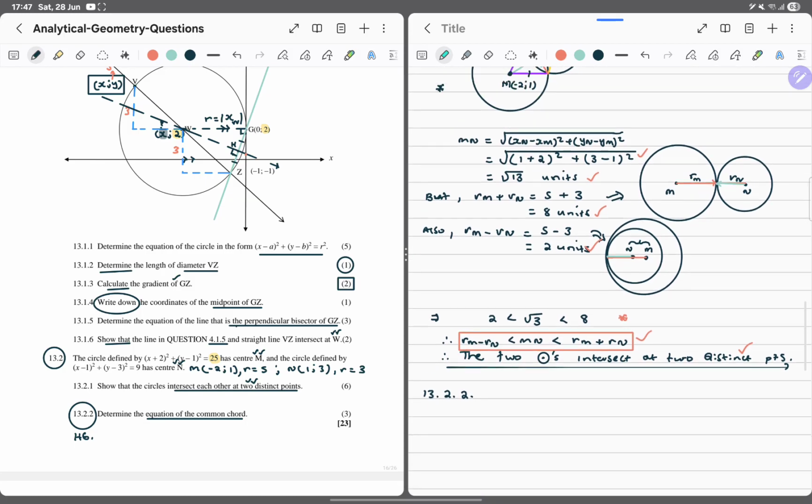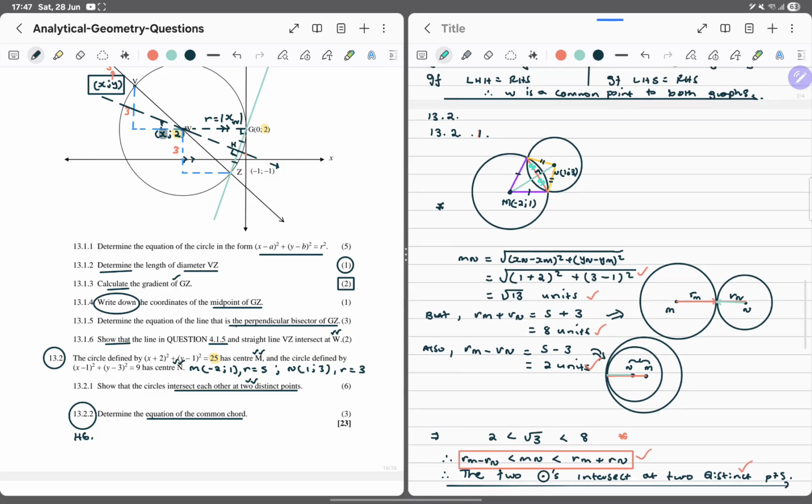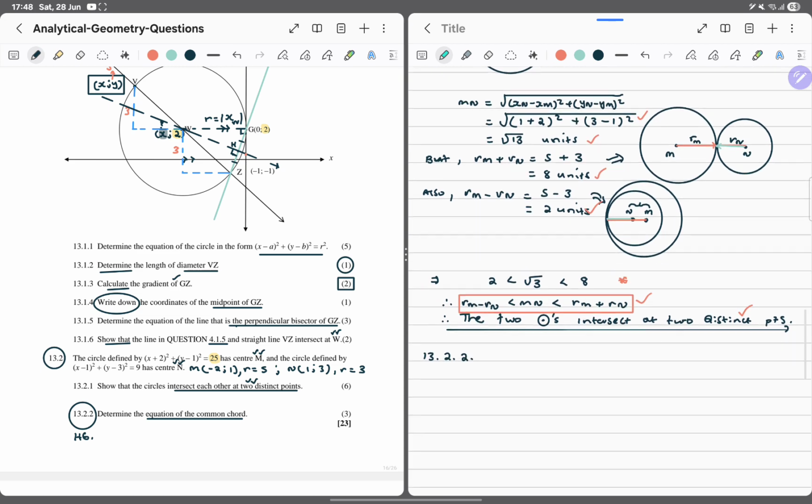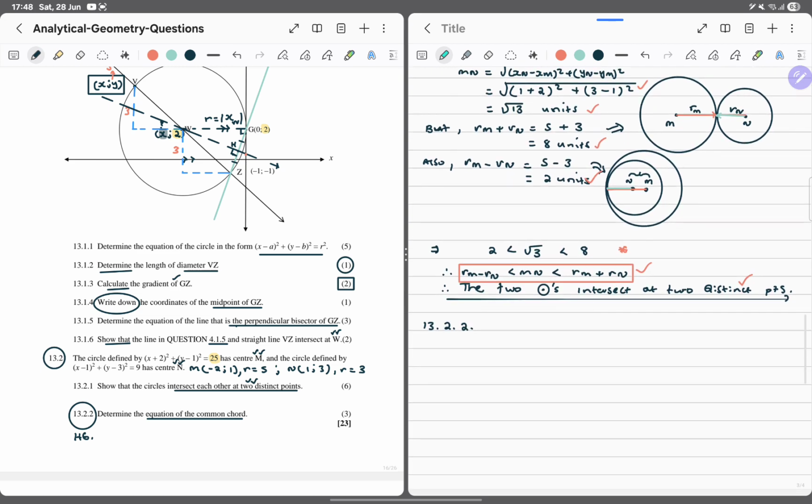Now obviously, folks, this is to suggest that if we can find the gradient of MN, we literally will have the gradient of our common chord. So we will know that, of course, the gradient of our common chord, I'm just going to say CC, multiplied by the gradient of NM, we should get -1 because those two are perpendicular.